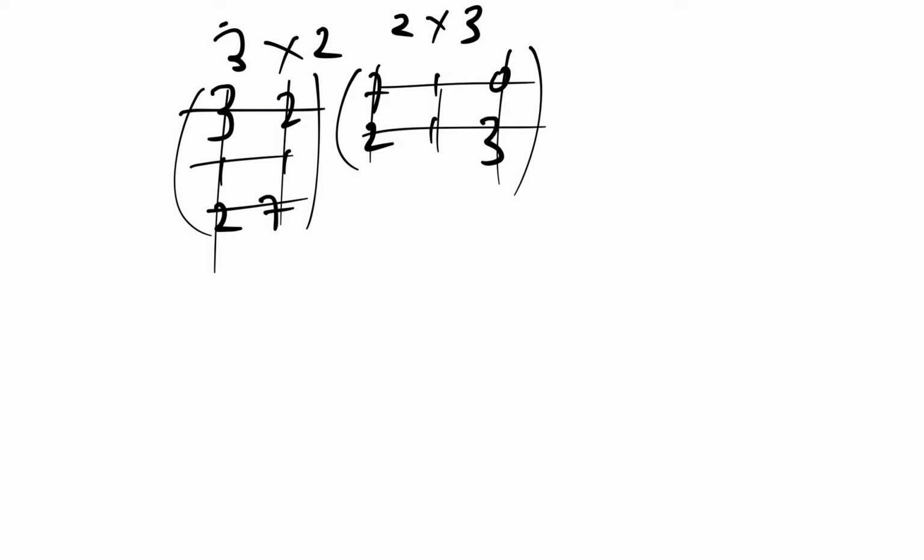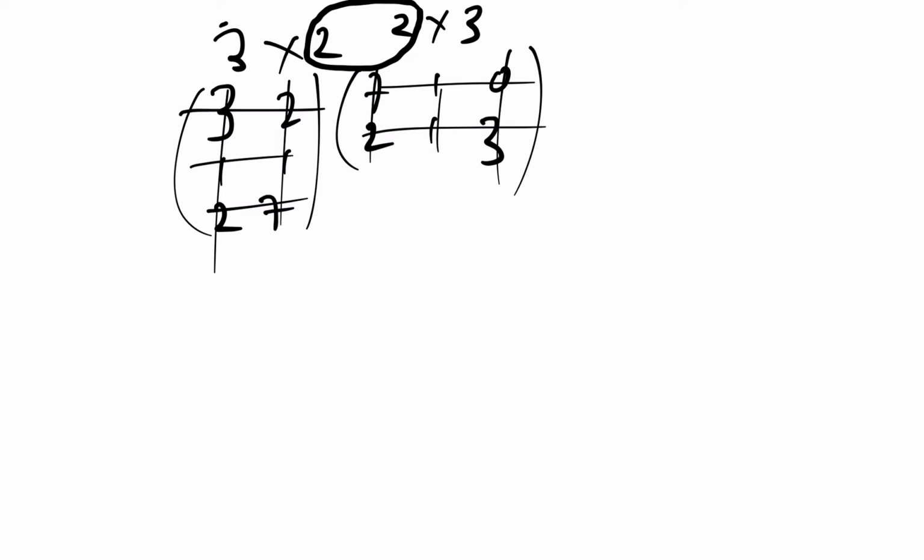So is this possible for matrix multiplication? The answer is yes. Why? Because the inner values here are equal. So we're saying matrix multiplication is possible, number one. Number two, what will be the order of your answer? Your answer's order will be 3 by 3.